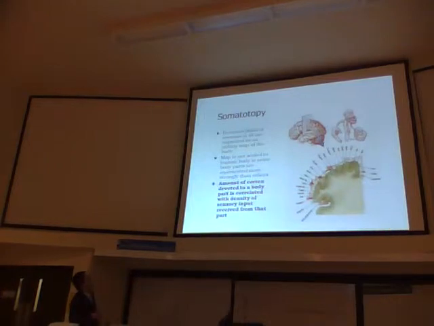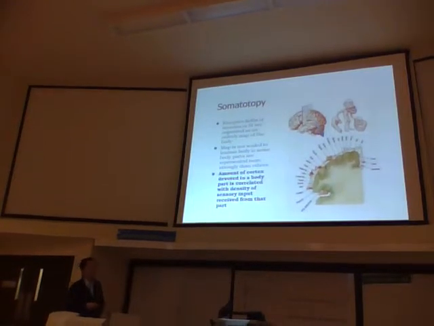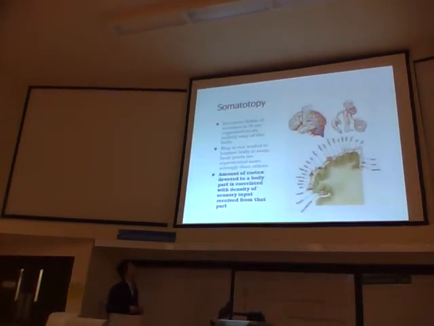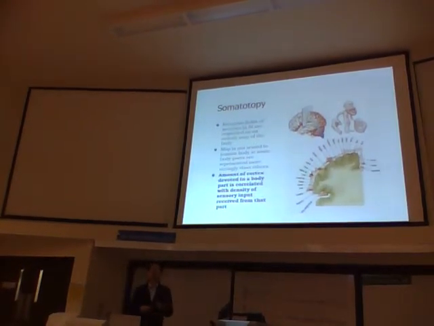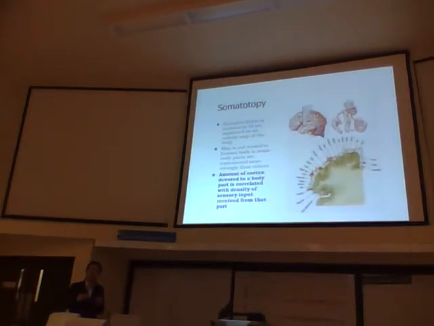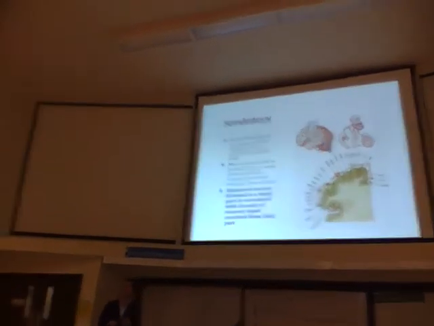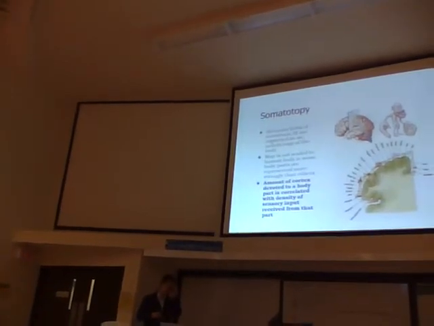So the amount of cortex devoted to a body part is proportional to the density of sensory input received from that body part. And as we'll see, these maps are not fixed. They can change with experience. They're plastic. We'll see that in a few slides, as well as in Friday's class.